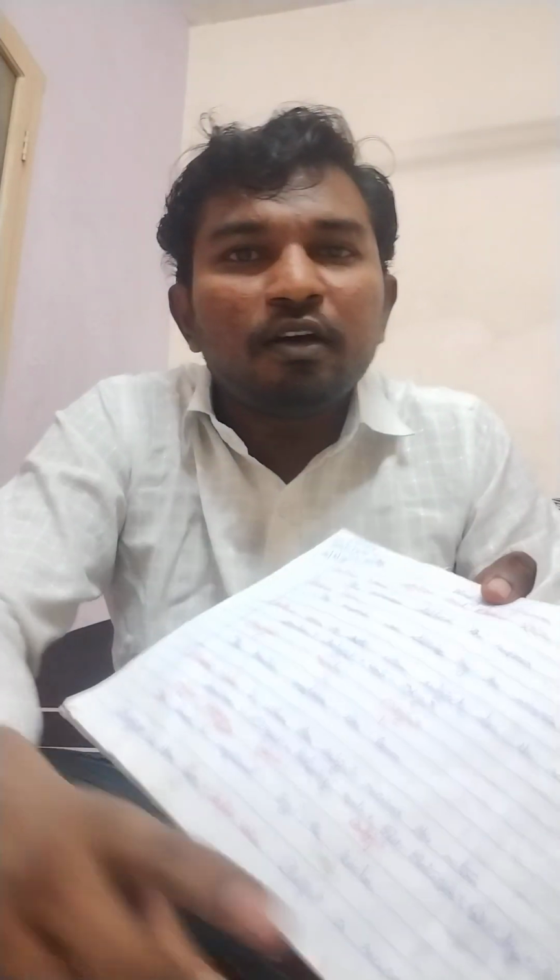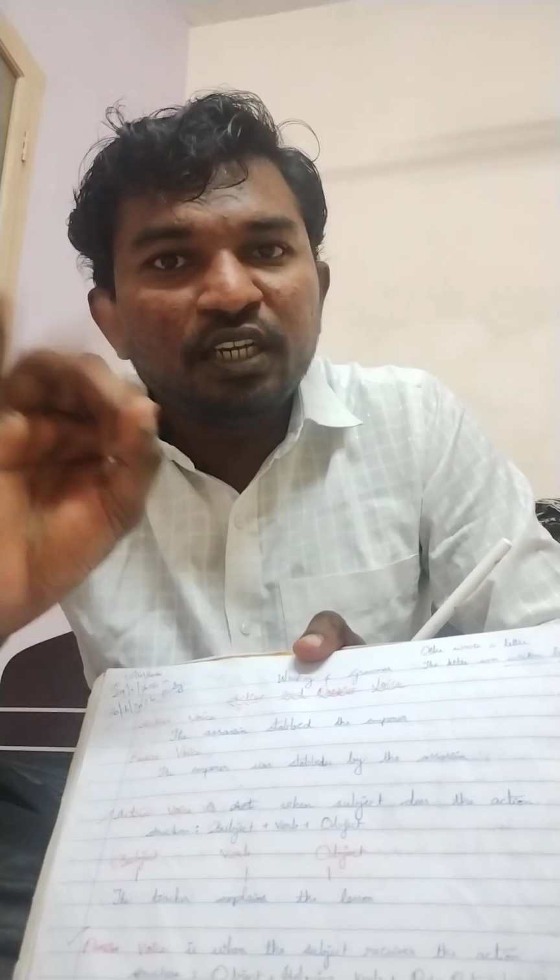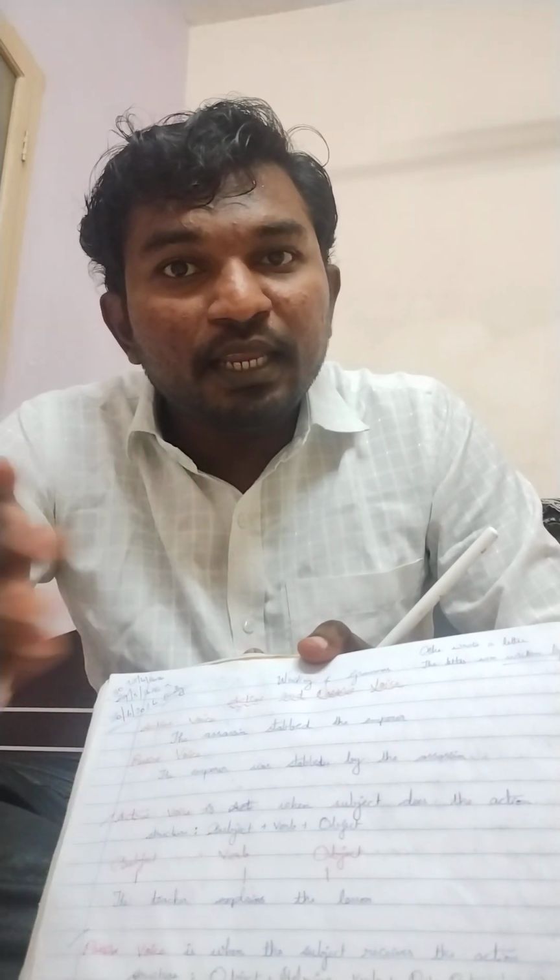What is the formula of active voice? Subject, verb, object. The sentence pattern for passive voice: object, helping verb plus past participle, then by, and then subject, right? You are very clear about that. Subject is the doer means active voice; subject is the receiver means passive voice.